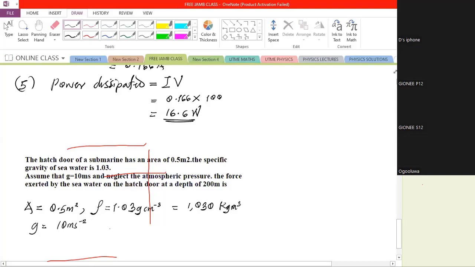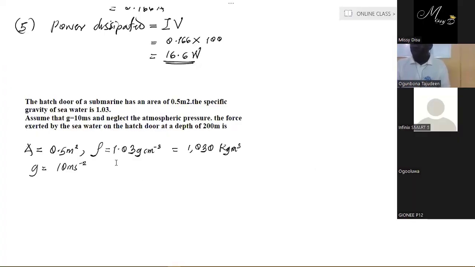The area is given to us as 0.5 square meter. The specific gravity means density. So when they use gravity, it means relative density, but it will have a unit of gram per cm cube, which is density. To convert it to kilogram per cubic meters, multiply by 1,000.